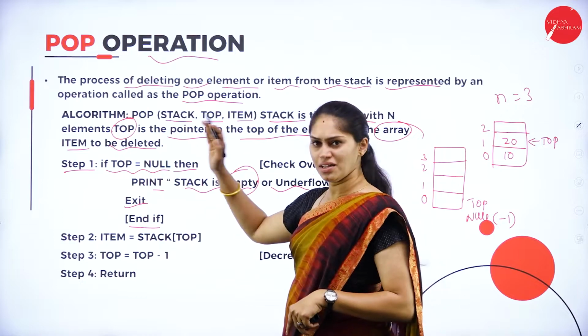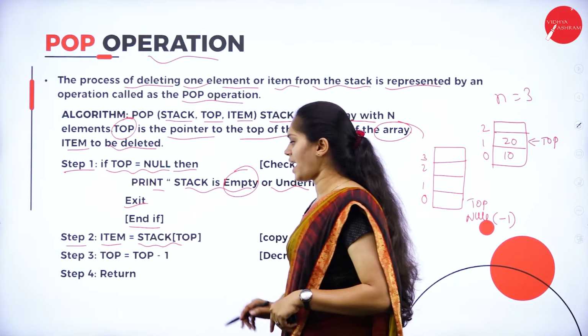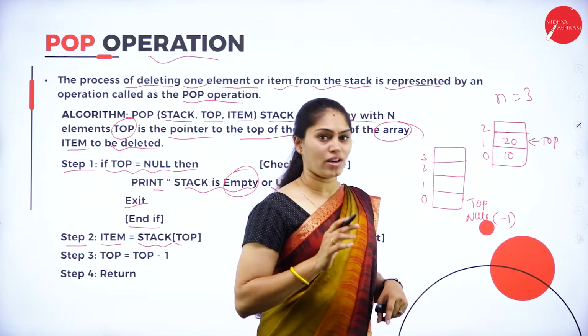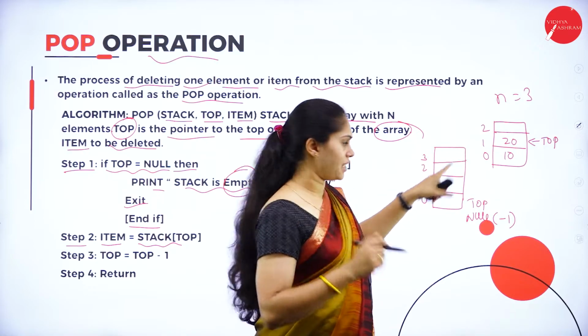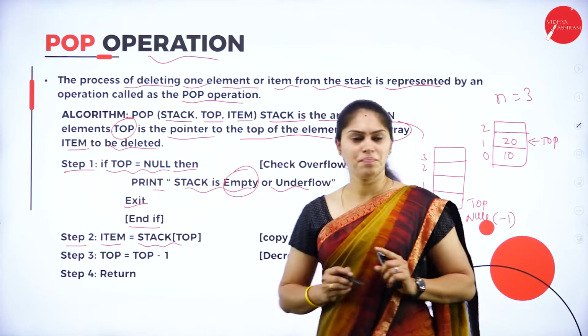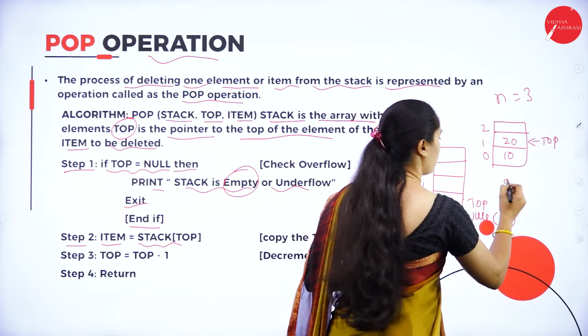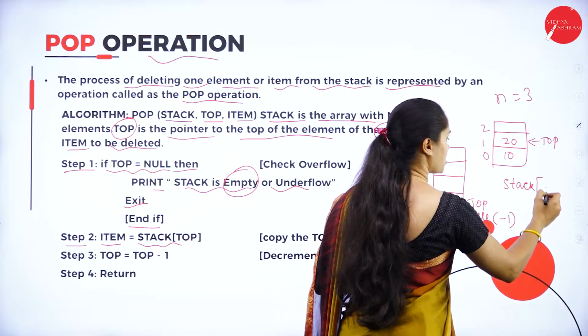Top is not in the null position. Then I will enter here: item is equal to stack of top. So now whatever we have in stack of top will be copied to item. How are we going to write that? What do I have in stack of top? Top in the sense, what is its location? 1.